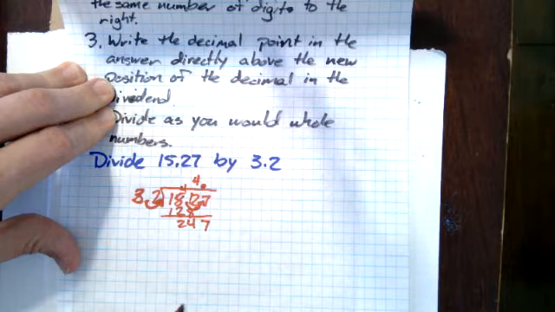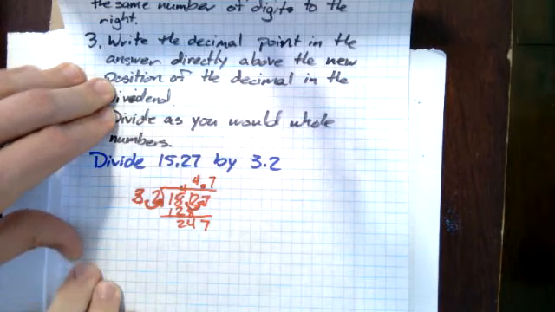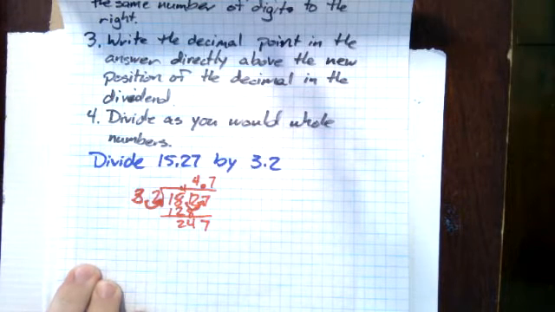32 goes into 247 how many times? 2 times 128 is 256. So it has to go in 7 times. And let's find out what 7 times 32 is.